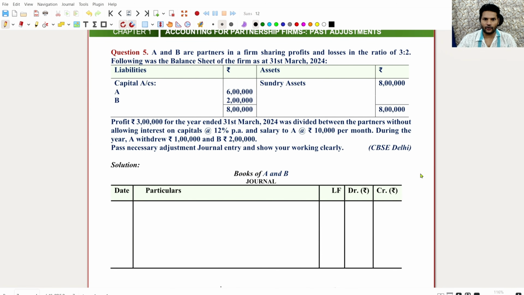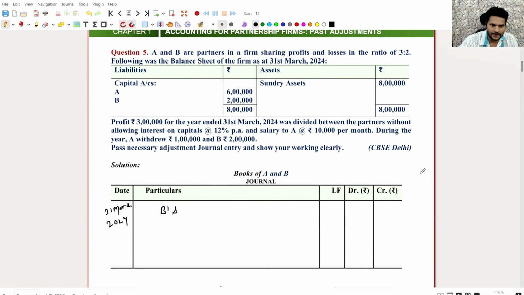Okay, so first of all, we need to put up the date. What is the date? That is 31st March 2024. Now B's capital account will be debited.